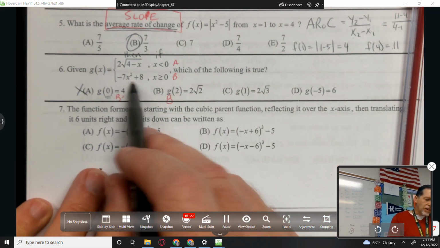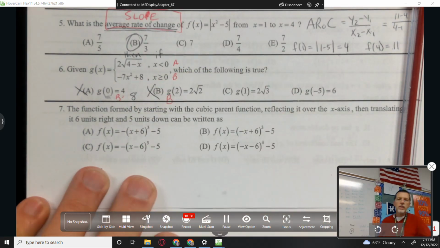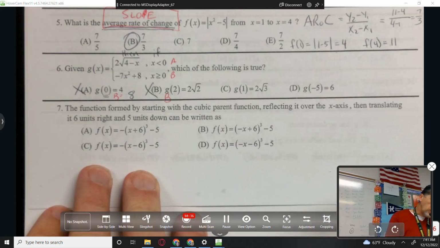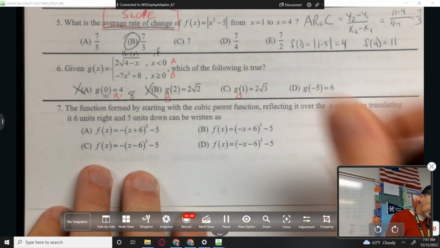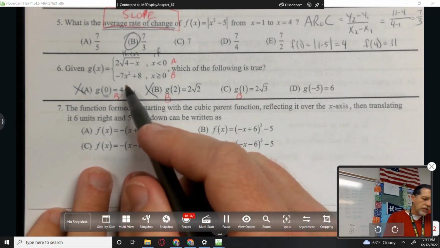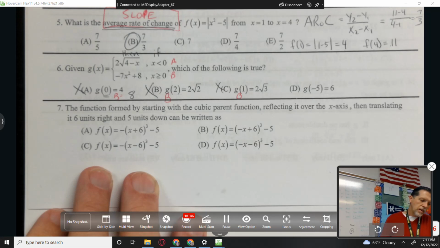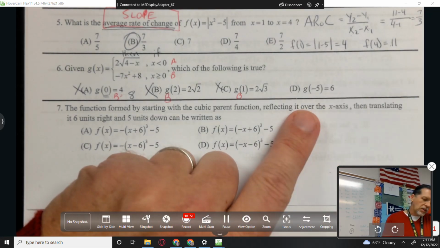I don't know what this is going to be, but there's no square root that's going to show up. So that's out. G of 1. 1's bigger than 0, so again we'll be in part B. And same thing, there's no square roots in part B, so that can't be right. And then lastly, this one better be right because we're out of options here.